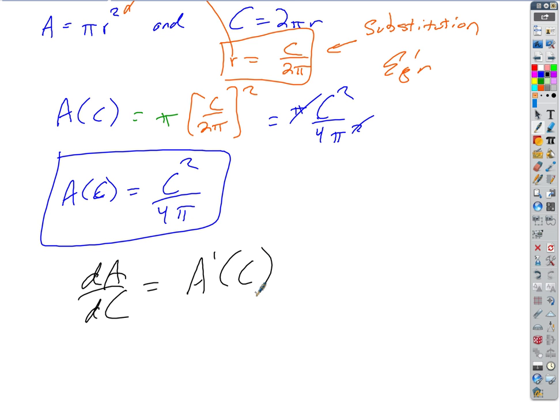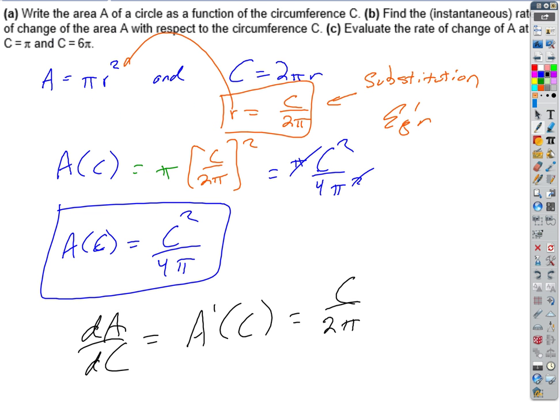What's that give us? Everybody agree? Bring the 2 down, cancels with 4. Okay, there's our function. And then the rest of it's pretty trivial. If we want to evaluate the rate of change of A with C, I've got 2 values I could plug in and see what we get.